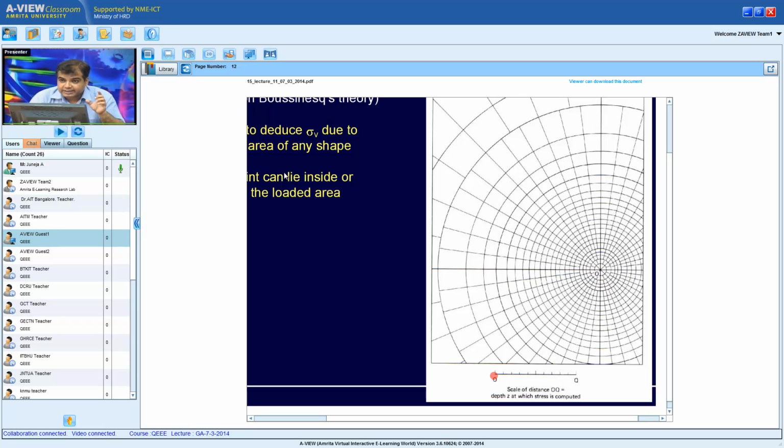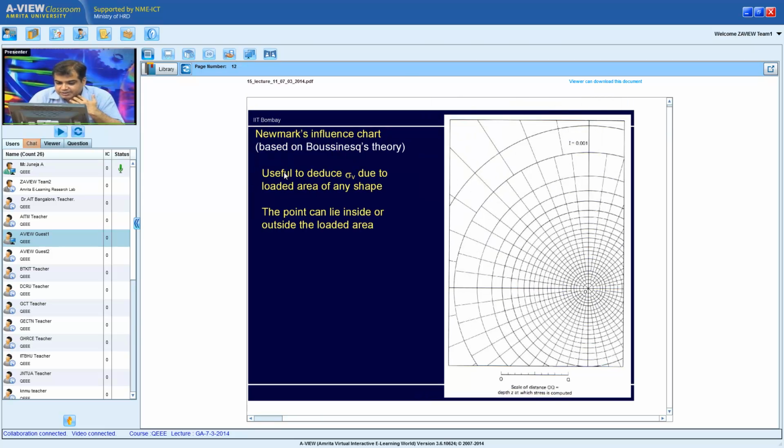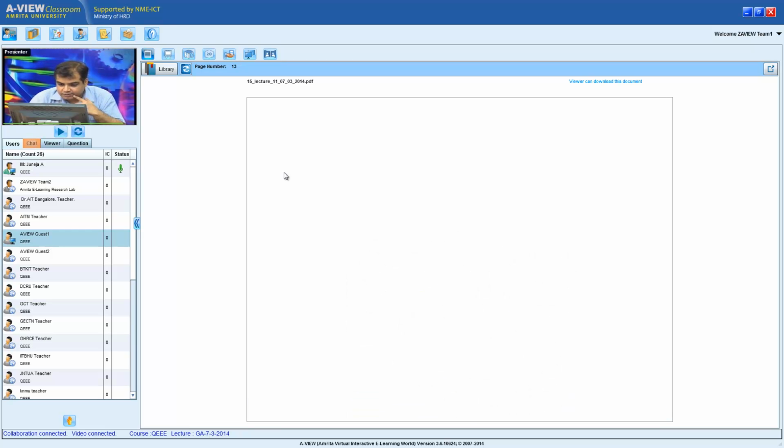You need to scale that z distance with this value, and then redraw your loaded area onto this scale, and then count the number of rectangles, whether complete or incomplete. I think this will confuse you. Let me skip this. In fact, this was not part of the original deal. I'll skip this new chart for the time being.